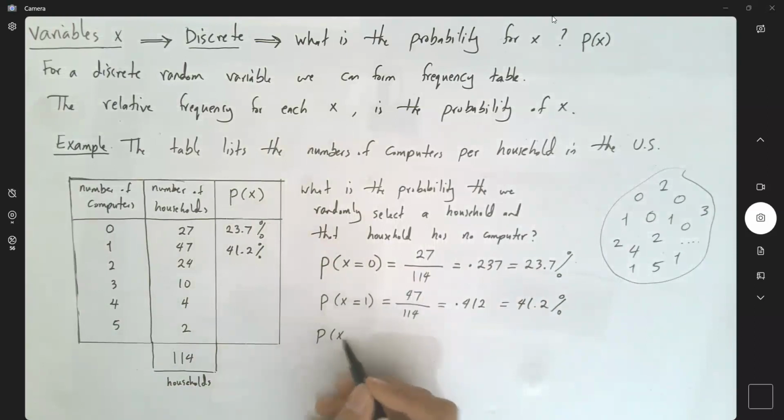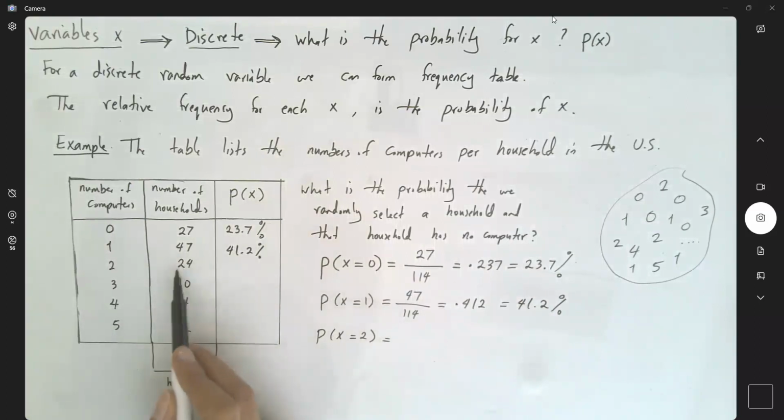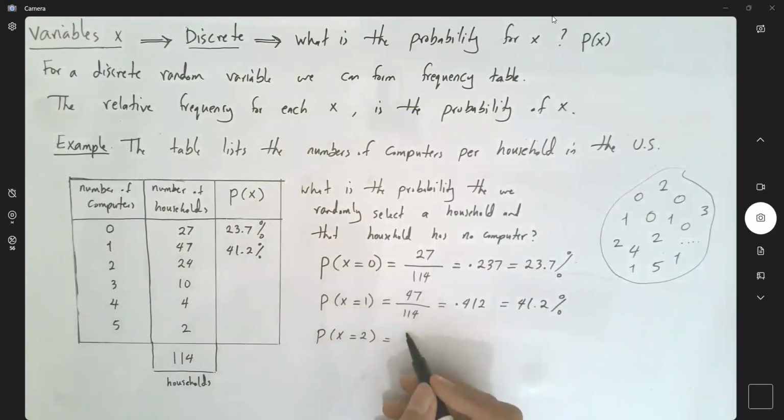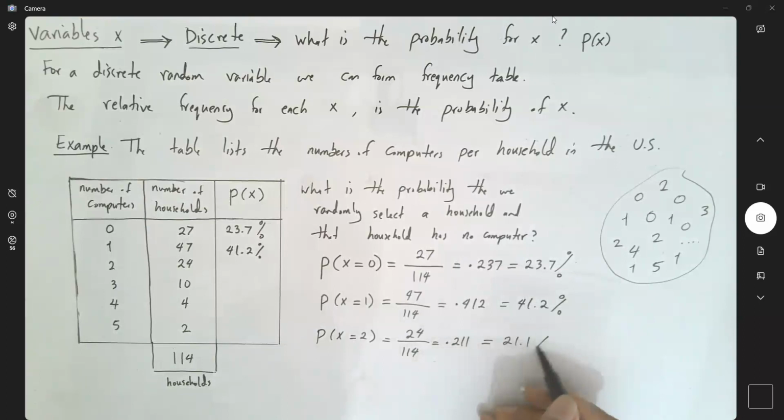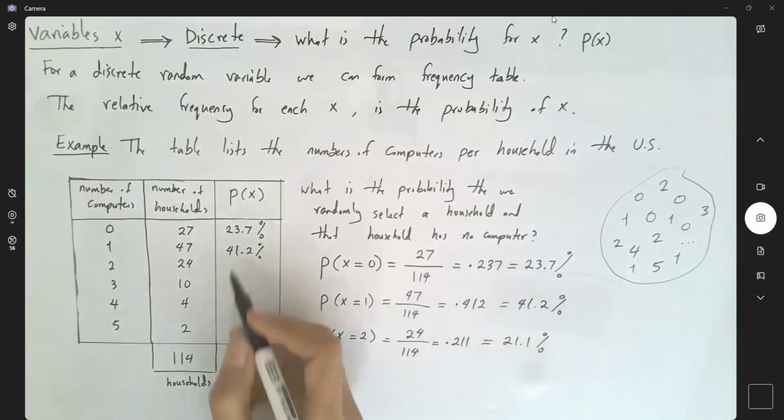What is the probability that X is 2? Well, if you randomly select a household and they have 2 computers at home, 24 households have 2 computers, so 24 divided by 114, which is equal to 0.211 or 21.1%.